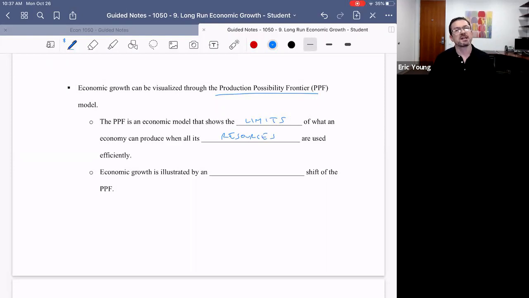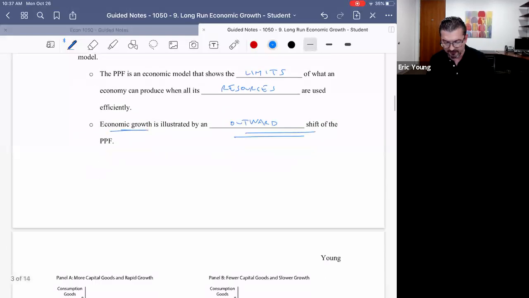So we're going to take that model that we learned back then, tweak it and polish it up, and reapply it right now. Critically, economic growth is illustrated by an outward shift in the PPF.